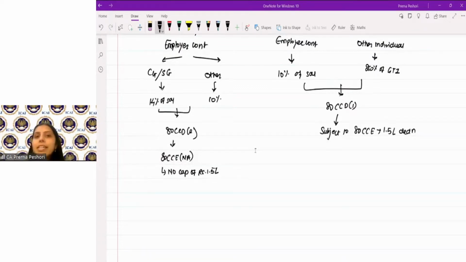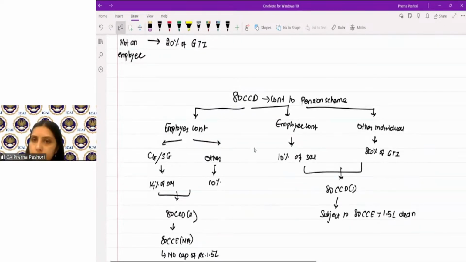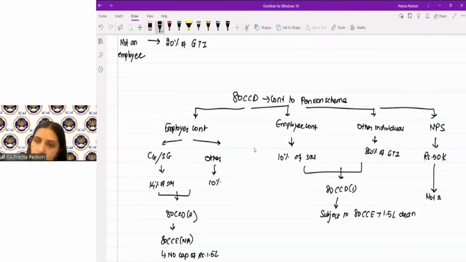Plus under 80CCD(1B), NPS contribution of rupees 50,000 is allowed. Again, this is not subject to 80CCE. So the 1.5 lakh cap is not applicable. Are we clear?